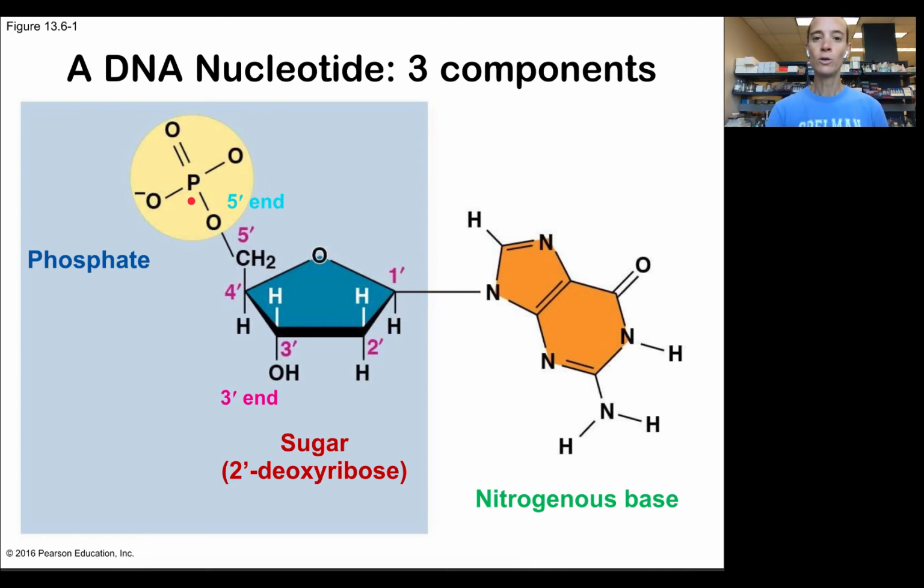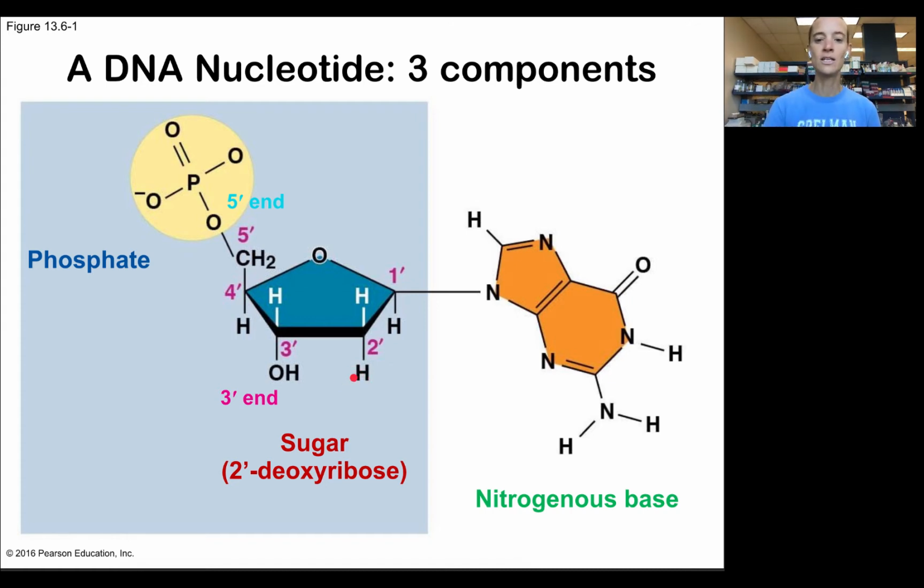There are very important items in this nucleotide. We do not expect that you know the whole chemical structure of each of these components, but there are a few things that you must know because they will help you understand better how replication happens and things like that. So the first thing is that the ribose has 5 carbons that are labeled from 1' through 5'. The 1' carbon is covalently bound to the nitrogenous base. The carbon at 2' in DNA is a deoxy, meaning that it has no oxy, right?